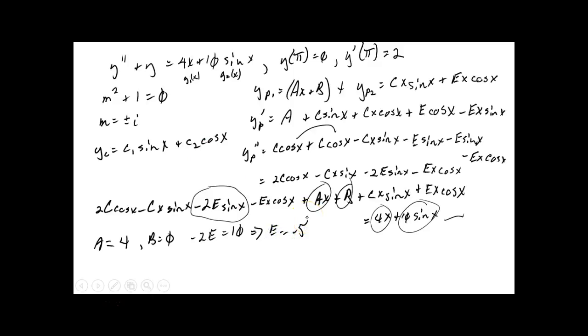Now, I'm hoping the rest of them disappear. If they don't, we're in serious trouble. Minus Ex cosine x plus Ex cosine x, those go away. Whoa, we're in trouble. I'm kind of hoping I wrote it down wrong, but I don't think I did.